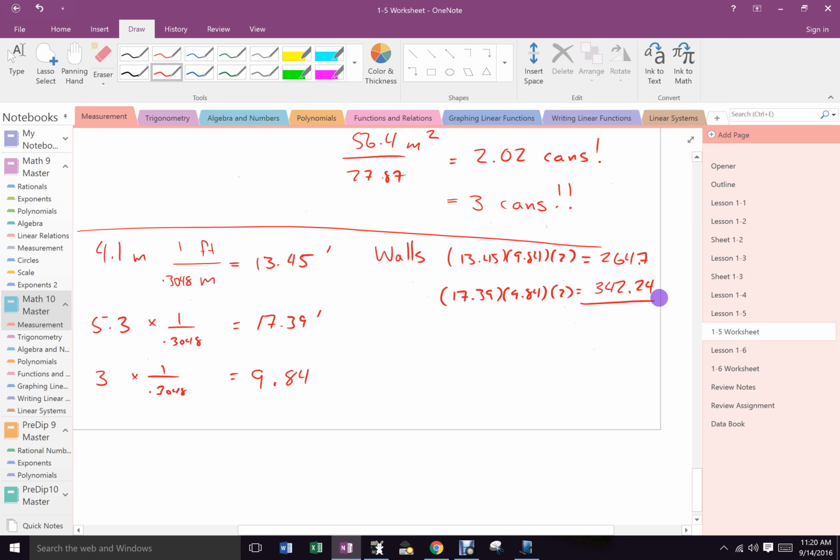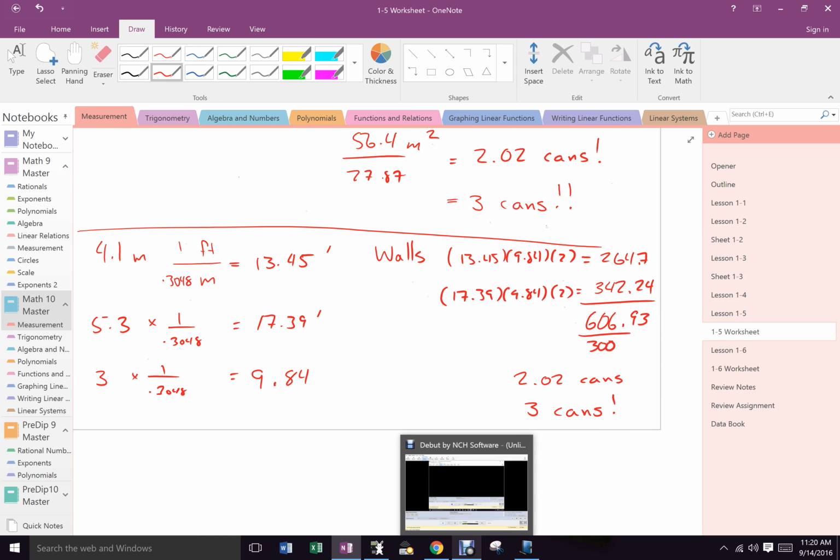Added up is 606.93. Divide that by 300, and it's still 2.02 cans, so I still need to buy 3 cans. Okay, guys, that's everything today.